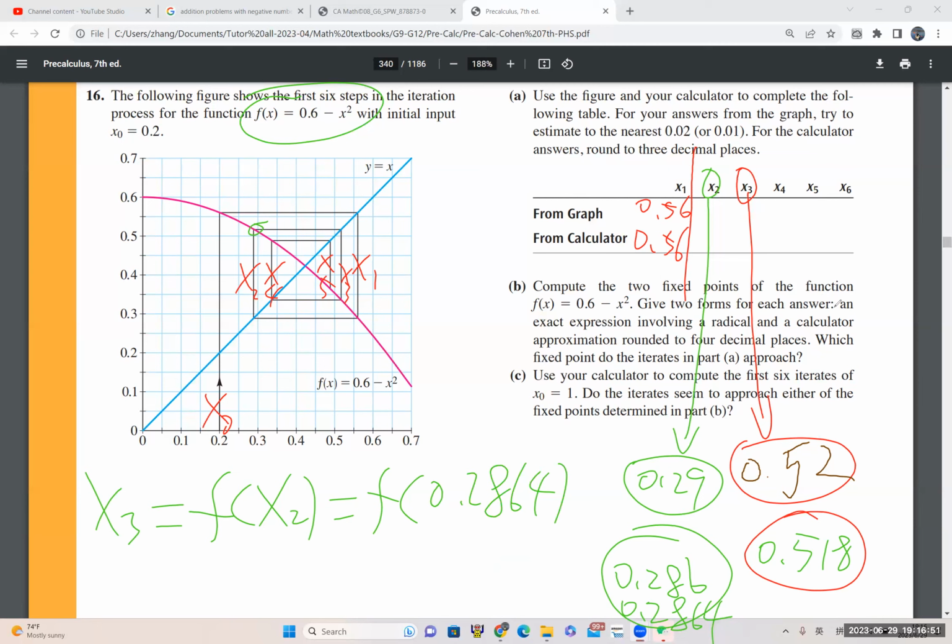What does this mean? Give two forms for each answer. Yeah, we always have an exact expression and a calculator value. Which fixed point do they approach?